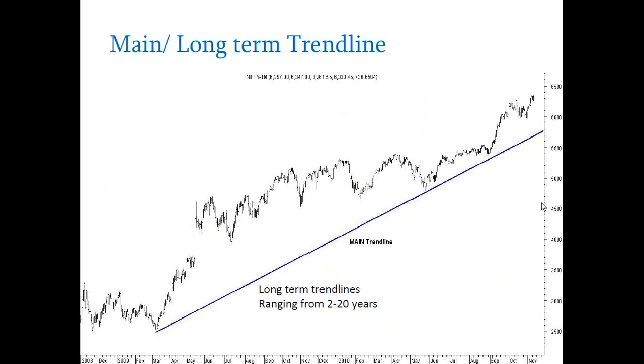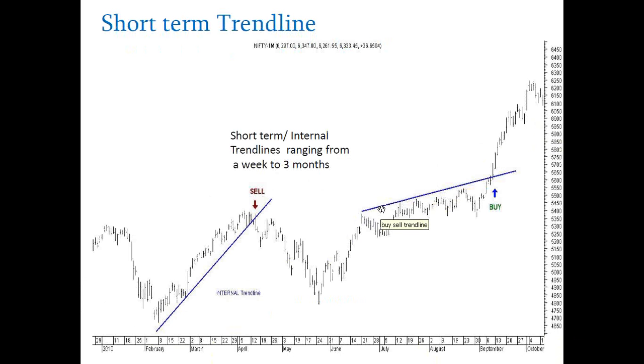This is a long-term trend line. The long-term trend line can range from 2 to 20 years. A very, very long-term trend line. As you can see, the trend line is almost covering 3 years, 2009 to 2012. These are short-term trend lines. It could be for weeks, it could be for days, it could be for minutes also.